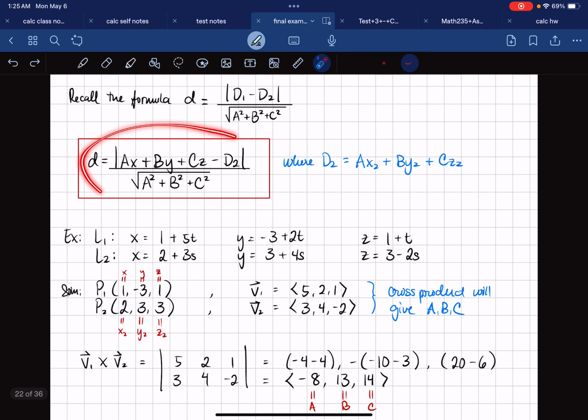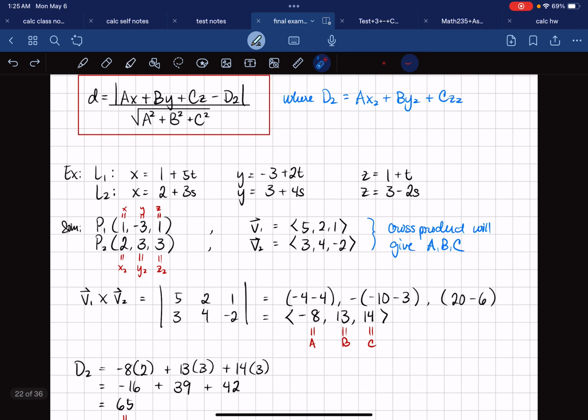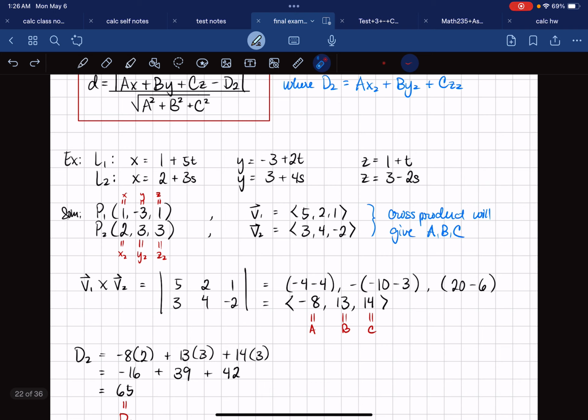So we're going to use this formula, and this is our example right here. I've already done this example before, and I did the same exact things that I did previously to find out if they were parallel or intersecting. So we're going to find the distance between these skew lines.